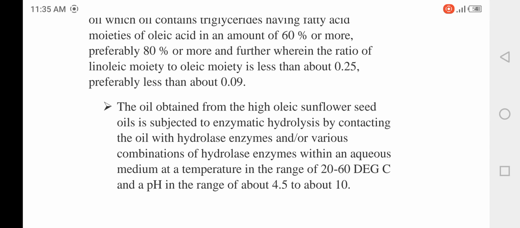The oil obtained from the high oleic sunflower seed oil is subjected to enzymatic hydrolysis by contacting the oil with hydrolase enzyme or various combinations of hydrolase enzyme within an aqueous medium at a temperature in the range of 20 to 60 centigrade and a pH in the range of about 4.5 to about 10.